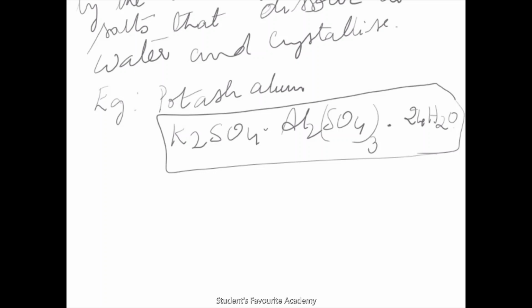These are asked not as a salt, not as a basic salt, but simply they will ask in section A, that is in the compulsory section 1, give the chemical formula of the following compounds. In that question you will get potash alum. So the chemical formula of potash alum is K2SO4 dot Al2(SO4)3 dot 24H2O. These you have to learn by heart, because you must remember the number of water molecules correctly.